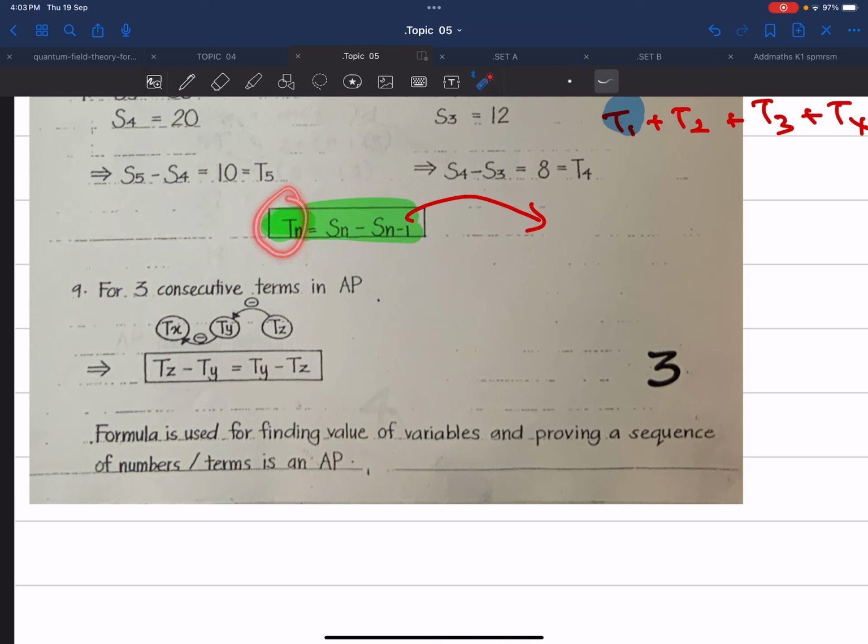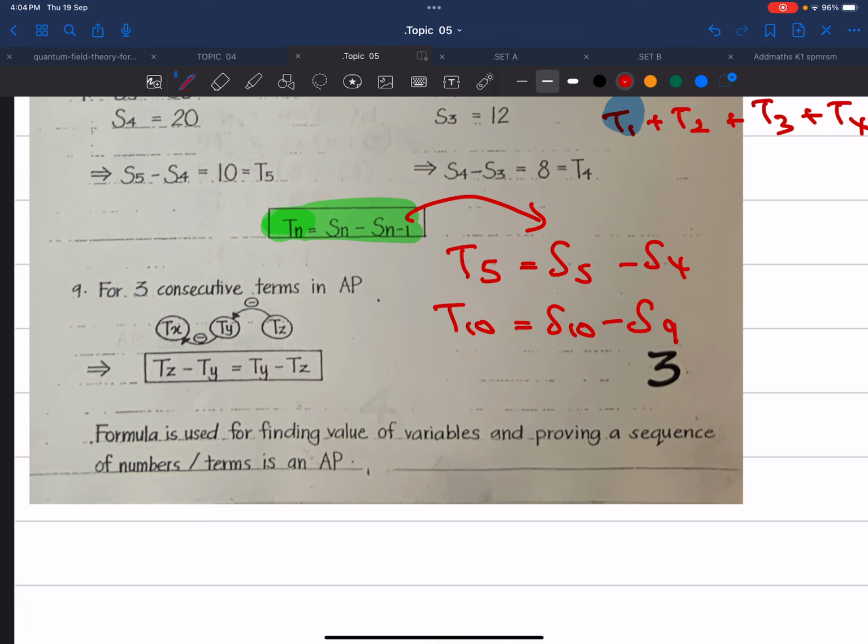Let us say for T5, it is S5 minus S4. T10 is S10 minus S9. So if you notice, T5 is S5 minus S4, and T10 is S10 minus S9.